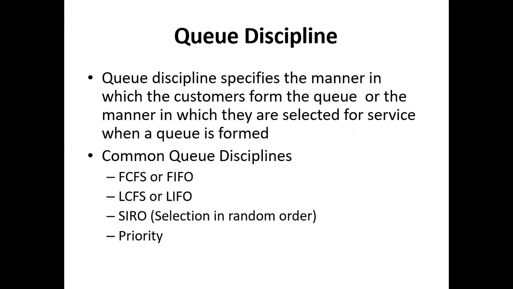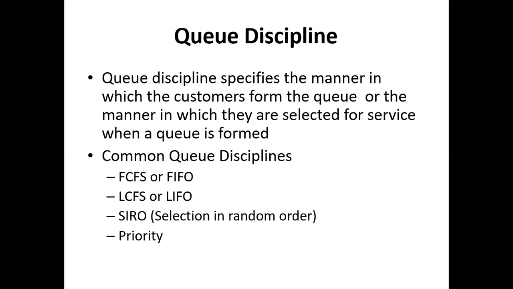The last thing we need to know about a queue is the queue discipline. The queue discipline specifies the manner in which customers form the queue, or the manner in which they are selected for service when a queue has already formed. There are four most commonly used queue disciplines. The first one is FCFS or FIFO, which stands for first come, first served, or first in, first out.